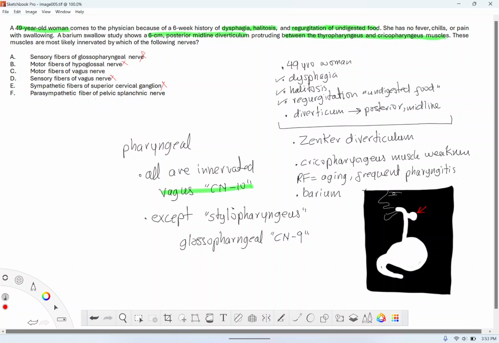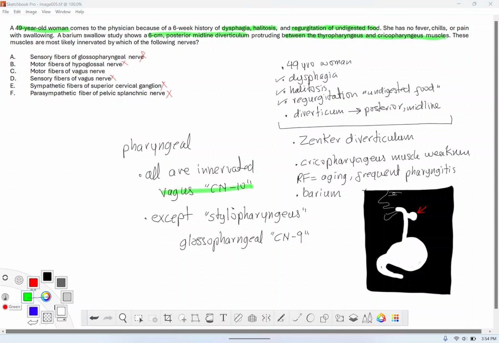Parasympathetic fibers of pelvic splanchnic nerves supplies. Okay, so all of the GI tract is supplied by the vagus nerve up to the 2/3 of the transverse colon. After the 2/3 of the transverse colon, the rest of the GI tract is supplied by the pelvic splanchnic nerve. So that would be supplying the distal 1/3 of the transverse colon, descending colon, rectum, anal canal, and so forth.